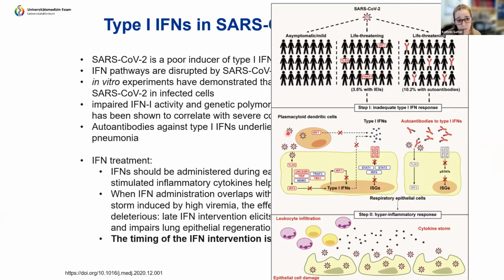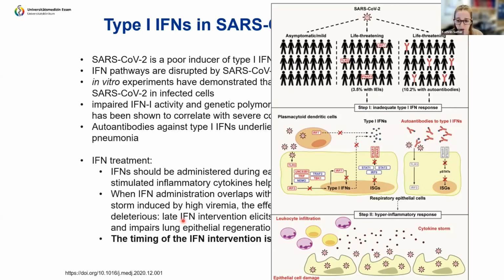It means that in those patients, especially in the acute infection, you do not see a good type 1 interferon response, because it's either not induced or these autoantibodies are induced. The interferons are produced only at a low level, and they cannot really work because they are neutralized by the autoantibodies.